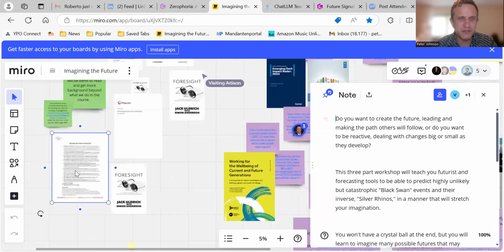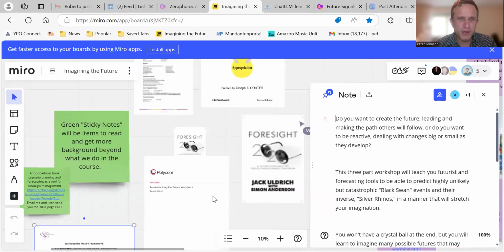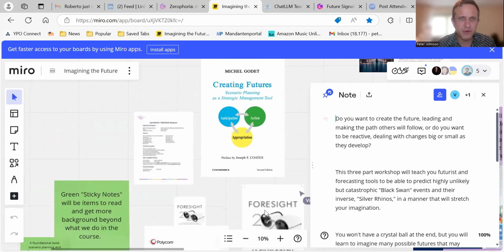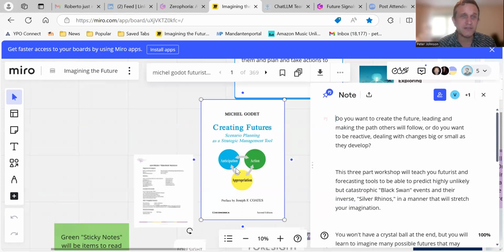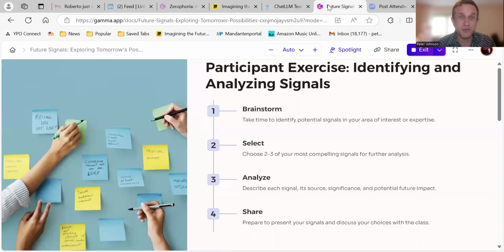But as you described, in this new VUCA world, people are thinking about this much more. Michel Godet, I've got a link to his full book on the Miro board. And yes, this becomes more and more necessary. The fact we're talking about it is definitely a signal of maybe our interconnected world. And it goes beyond just the risk management office thinking about it or the strategy office talking about it.